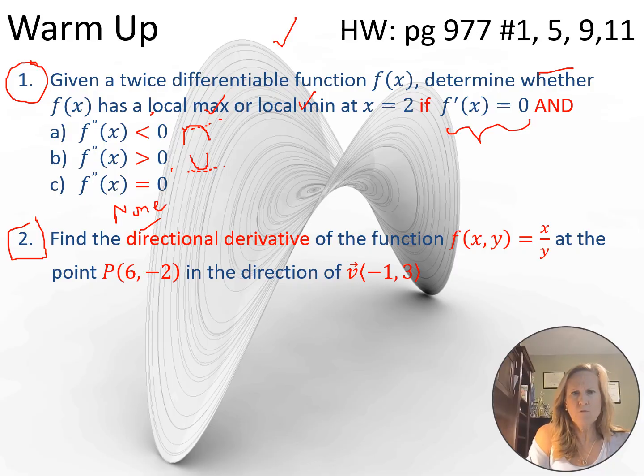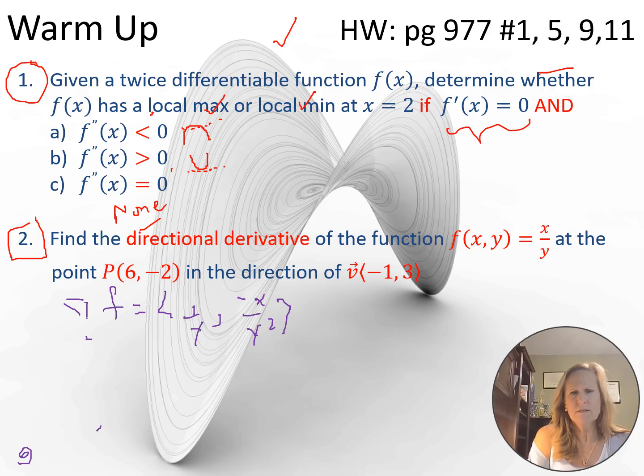And now if you remember how we compute the directional derivative, we need the information we have. And first we need to get the gradient, right? The gradient of f. So that's just my partials. And I have 1 over y and negative x over y squared.